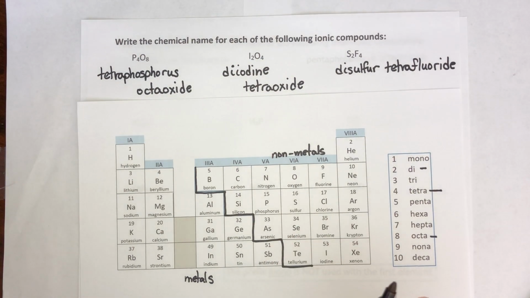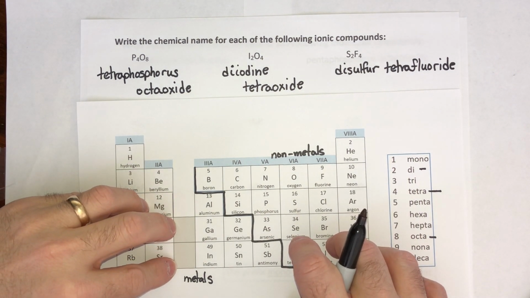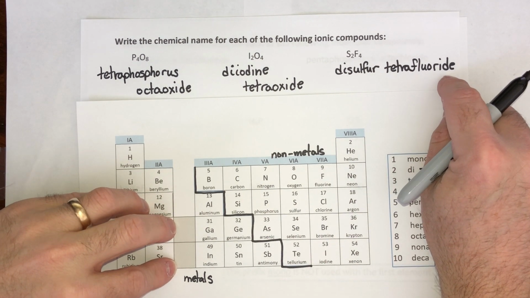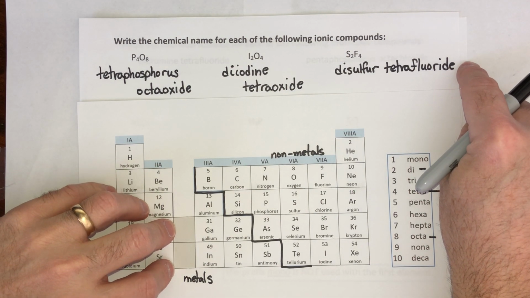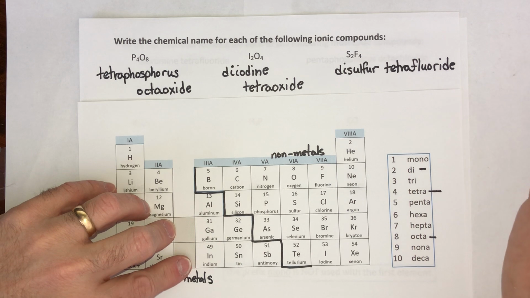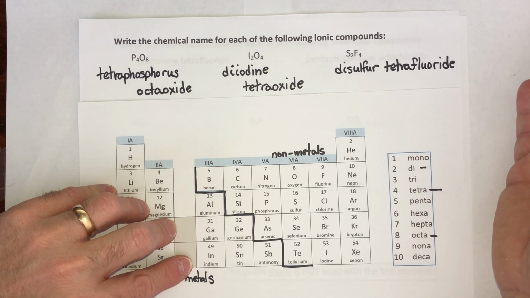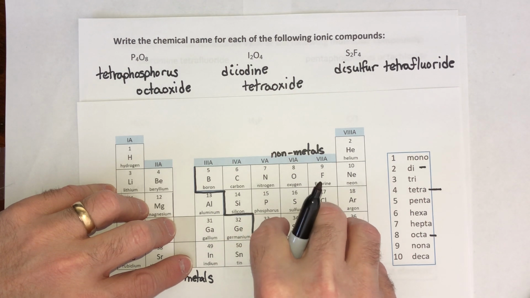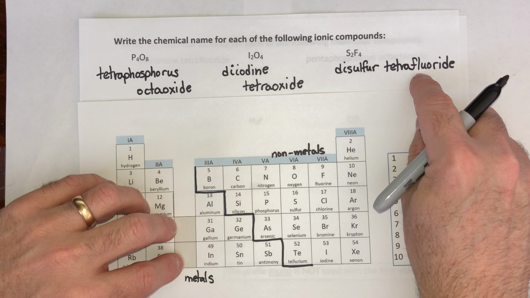Now I think at this point it's probably good to make a couple of notes. First off, if you have your periodic table in front of you, then you really shouldn't get the spelling wrong for any of these names, right? If you are being conscientious and you want to show that you're working hard and that you are concerned with the quality of your work, you need to be able to write the name of the element correctly. No spelling mistakes, okay?